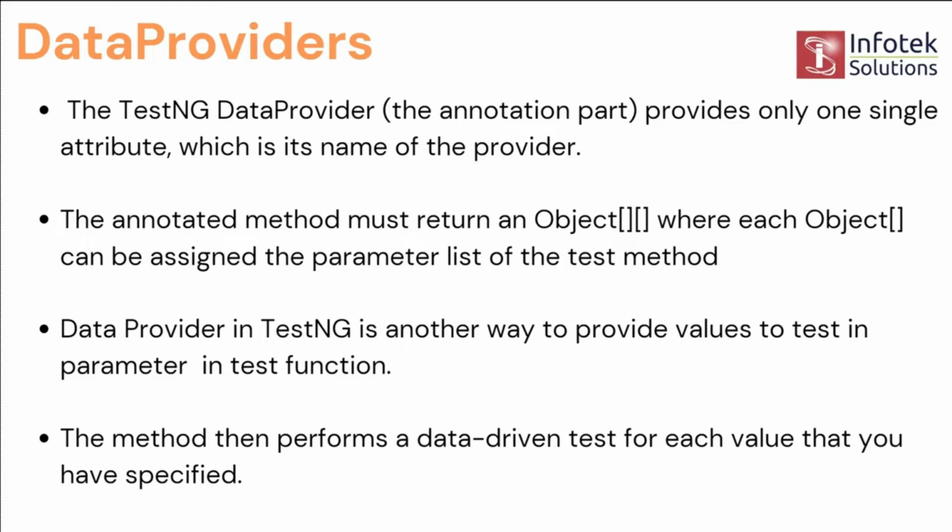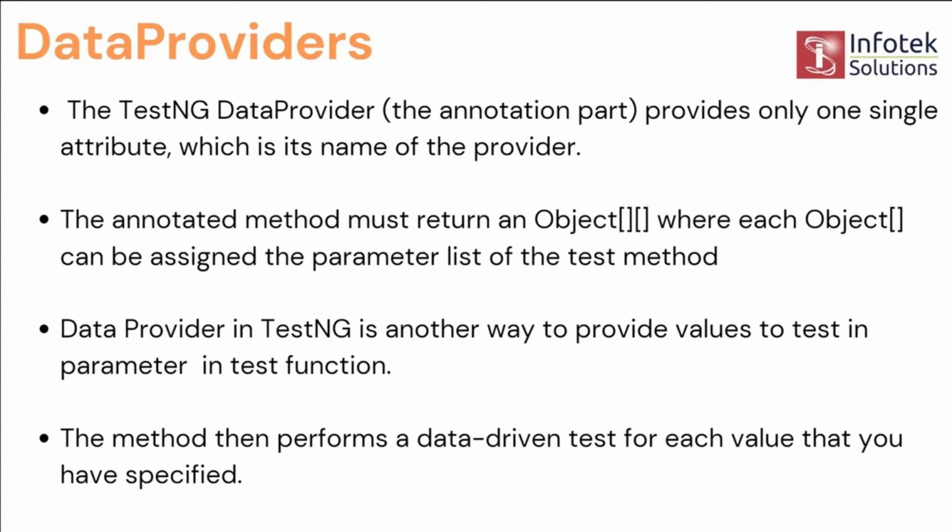So basically in a data provider, you always return an array of objects, and that also a multi-dimensional array. So the return type of every data provider method will be an object array. That's the return type.